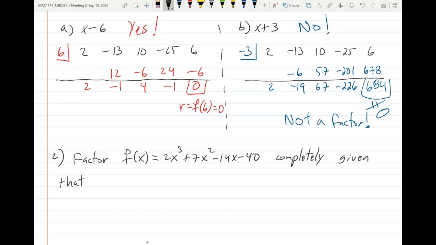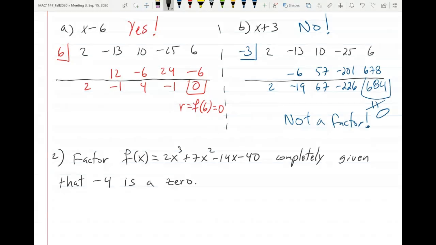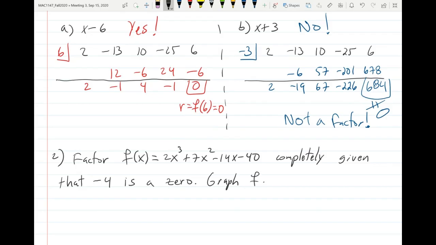Given that negative 4 is a 0. And actually, once we do this, then we can graph it. So why not? Let's go ahead and do it, and then graph the function f. But let's first focus on the factoring, because once you factor it, it will be pretty straightforward to graph.